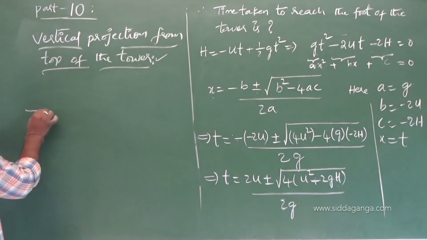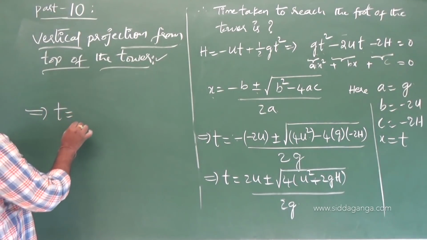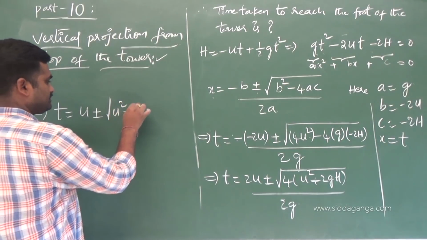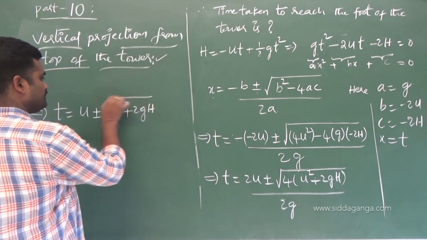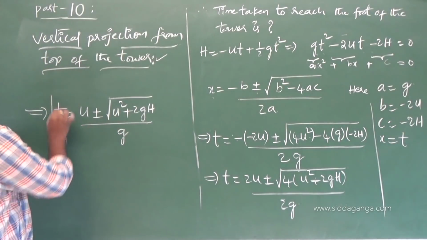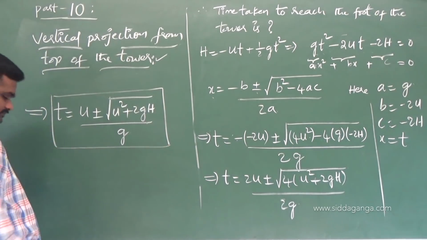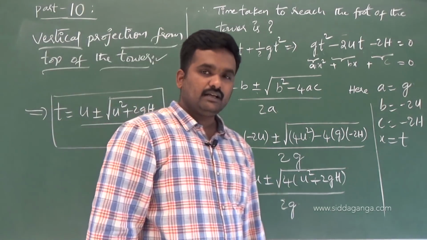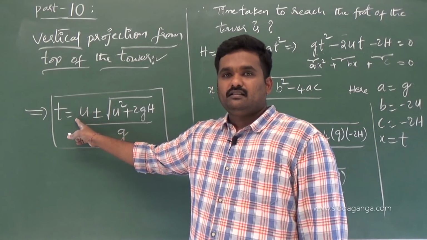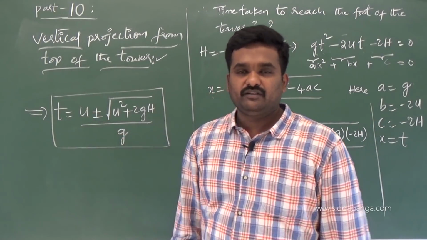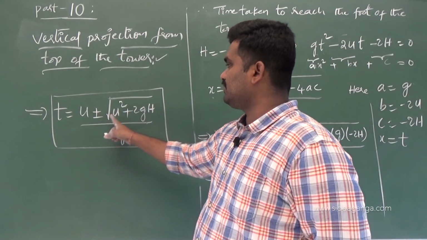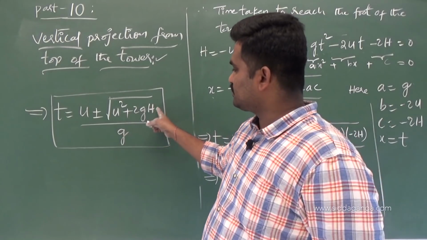Finally, I can write the equation as t equals u plus or minus root of u square plus 2gh, divided by g. This is the expression you have to remember to find the time it takes to reach the ground. What is the time taken by this vertically projected body from the top of the tower to reach the bottom of the tower? It is u plus or minus root of u square plus 2gh, by g.